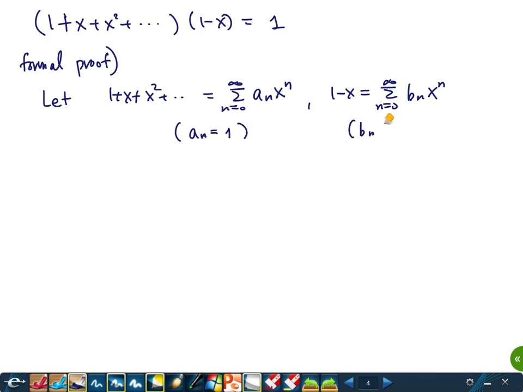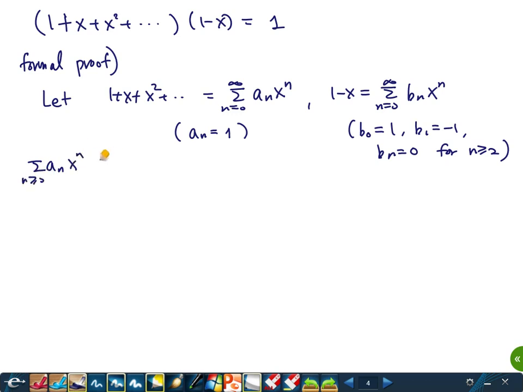What is bn? So instead of saying like this, b0 equals 1, b1 equals minus 1, and bn equals 0 for n greater than or equal to 2. Okay? Fine. And let's take the product of them.